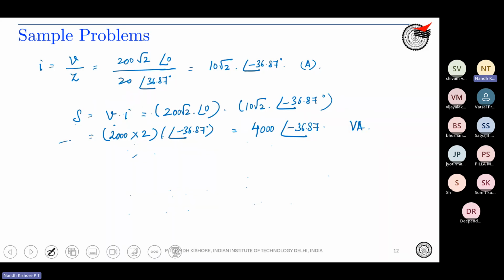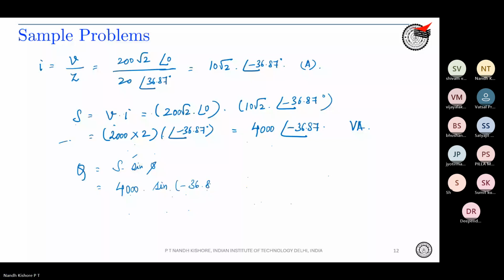Therefore, my reactive power Q is equal to what? V I sin phi, right? So magnitude 4000 into sin minus 36.87, right?